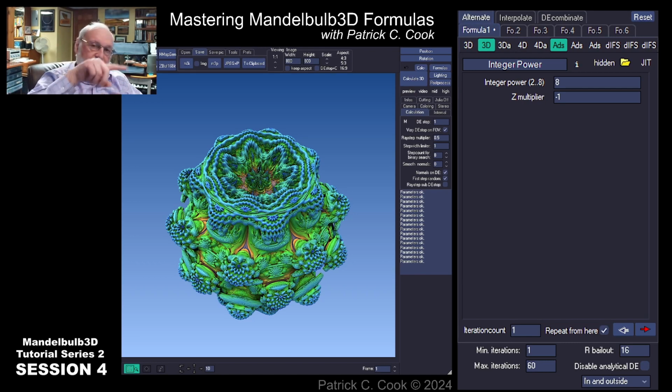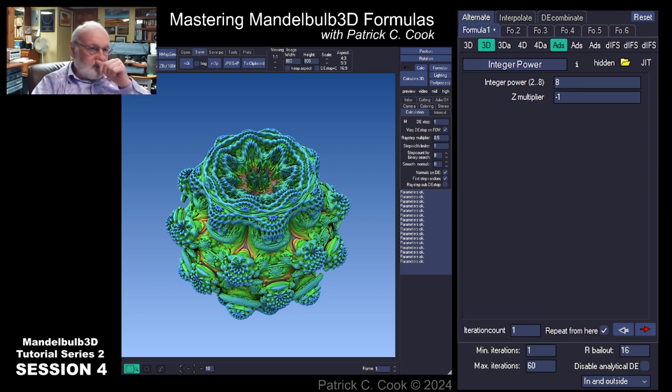That's what an iteration means. It's the number of times that a formula will be run with the output of the previous execution being fed back into the next execution, or the next iteration. That's what iteration count means.